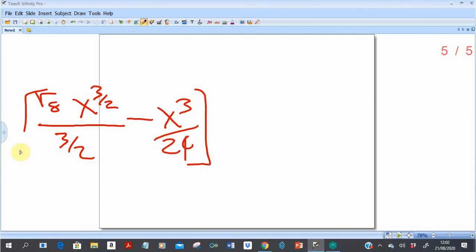And we have our limits, which are 0 and 8.